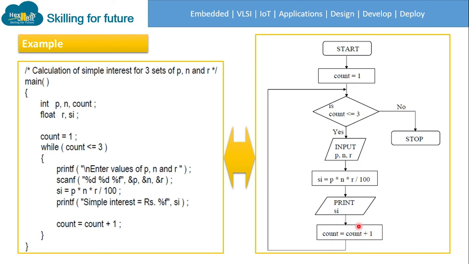That means the increment is done inside the loop body, and once the loop counter is updated, it comes back to the test expression. So until this test expression evaluates to yes, it keeps on executing, and as soon as it returns no, the code will stop.